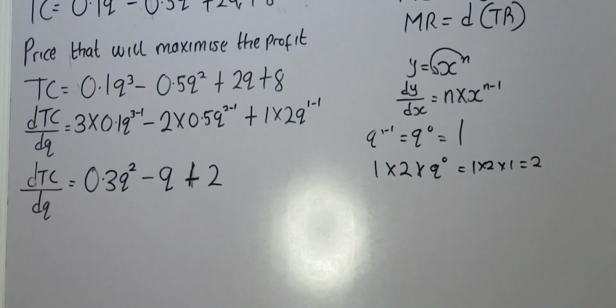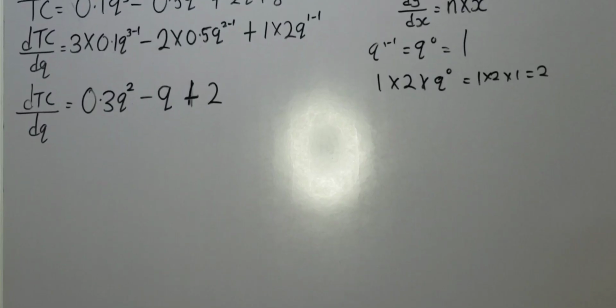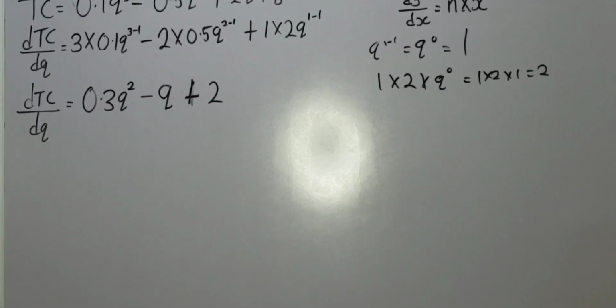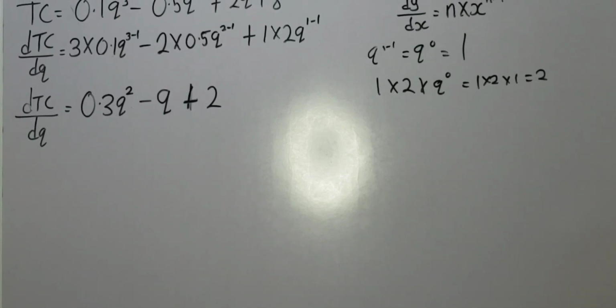Having gotten the TC over the Q, now the next step is that we should get the marginal revenue. The marginal revenue is the derivative of total revenue. Don't forget that derivative means differentiation. So now we have to determine the total revenue. How do we determine the total revenue? Revenue refers to the amount of money, the income gotten from the sales of a product.